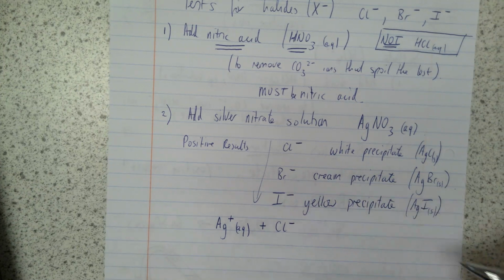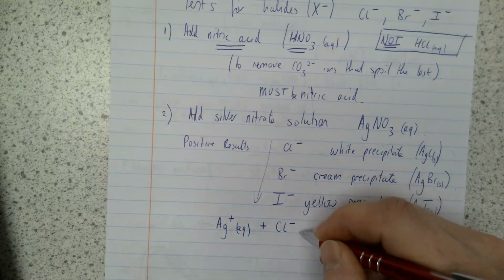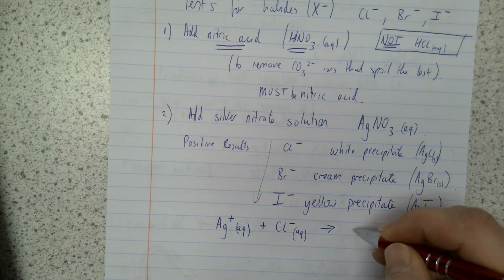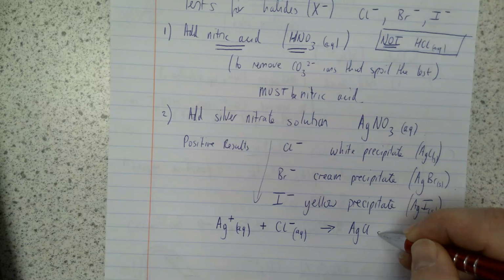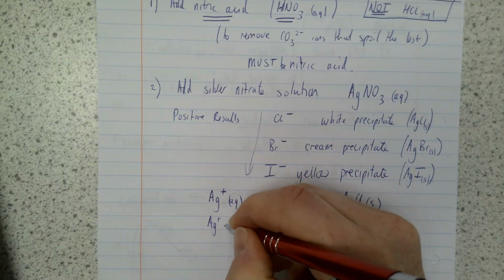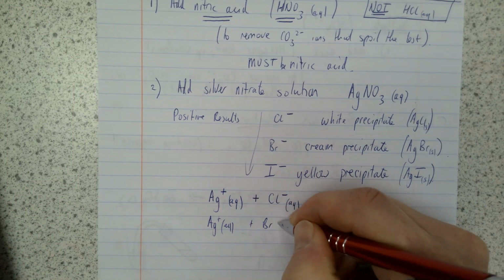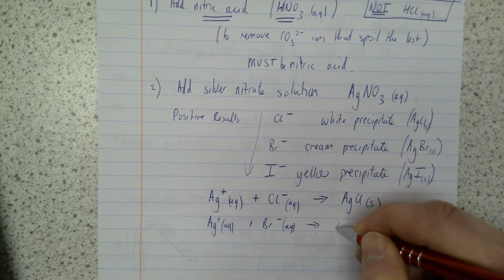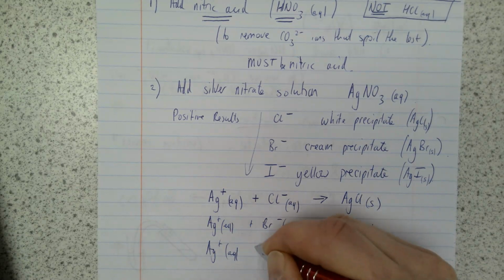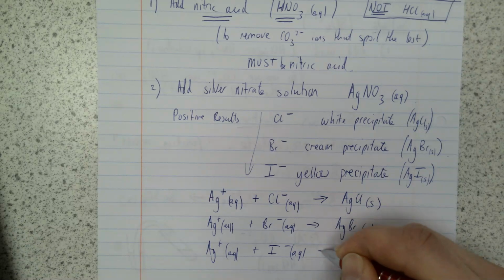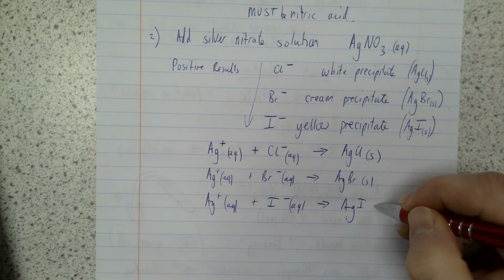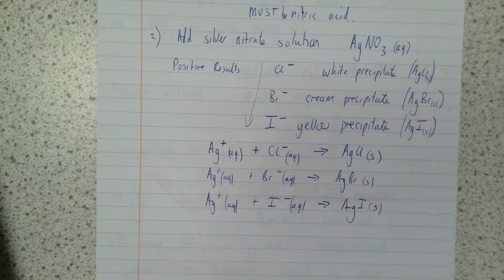But when a silver ion bumps into a chloride ion, both of which, remember, are in solution, we'll keep making that point as we practice, they bump into each other, you end up with silver chloride produced, and exactly the same thing for bromide, and exactly the same thing for iodide. So white, cream, yellow precipitates. That's the chemistry of it.